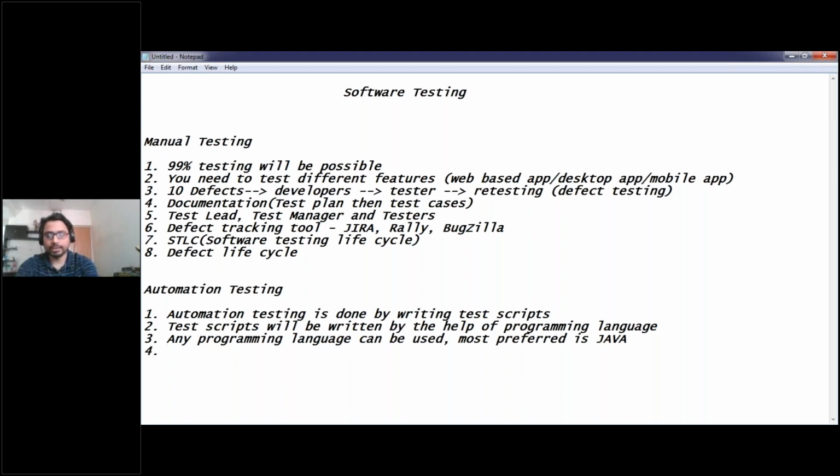Okay, if you know Java, then you should know an automation tool, and that automation tool is called Selenium. Different automation tools are also there in the market, like QTP, Tosca, and so on. QTP and Tosca are paid tools, and Selenium is a free tool.